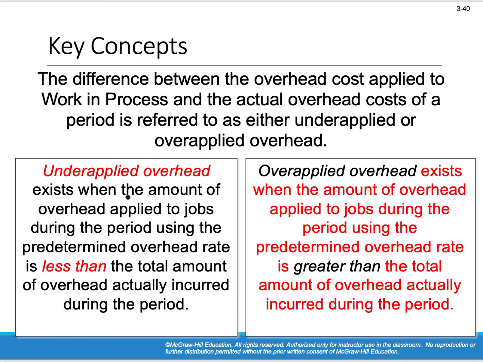Okay? Overapplied is the total opposite. We applied overhead to the jobs, again using the predetermined overhead rate, but we applied more than we actually incurred in manufacturing overhead. Okay?